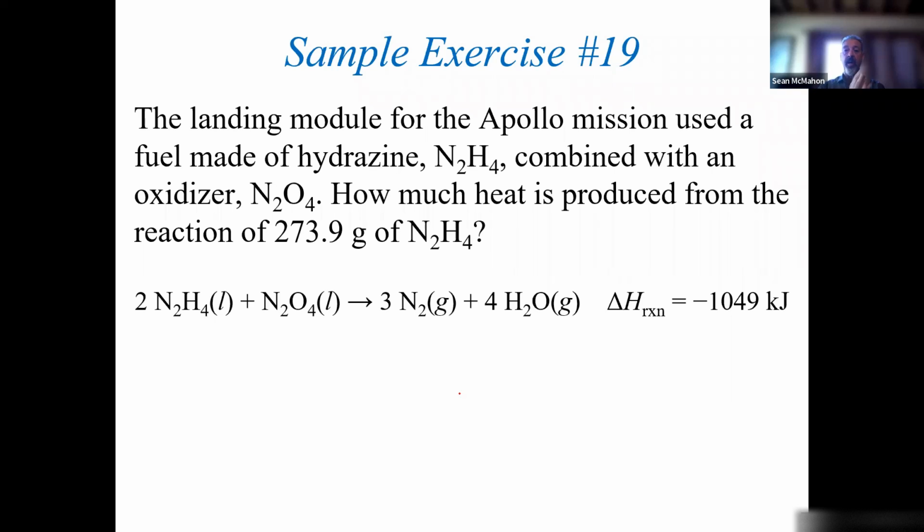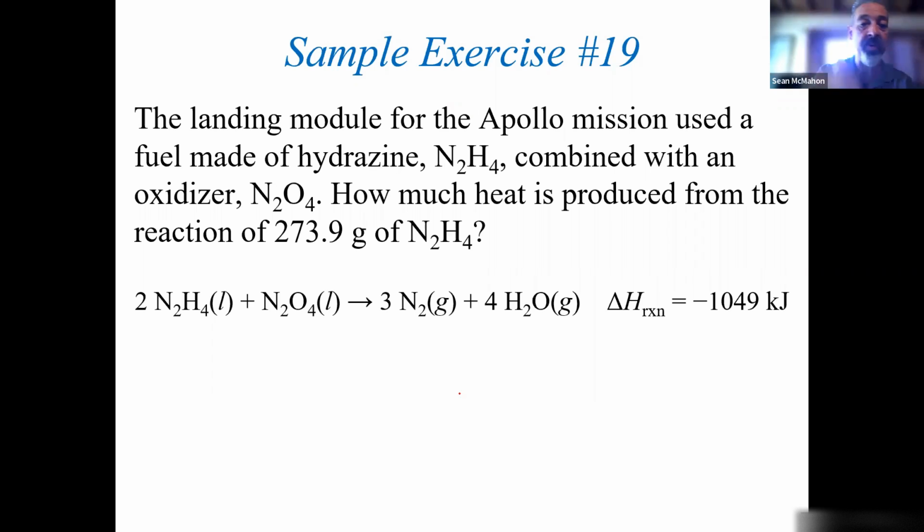It's still using a balanced chemical equation to determine an amount of something. Instead of grams, now I want heat. It's still a quantity. So the landing module for the Apollo mission used a fuel made of hydrazine, N2H4, combined with an oxidizer, dinitrogen tetraoxide.